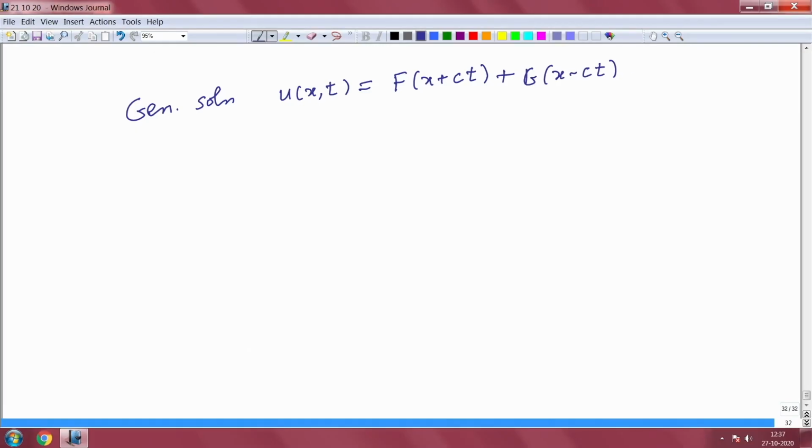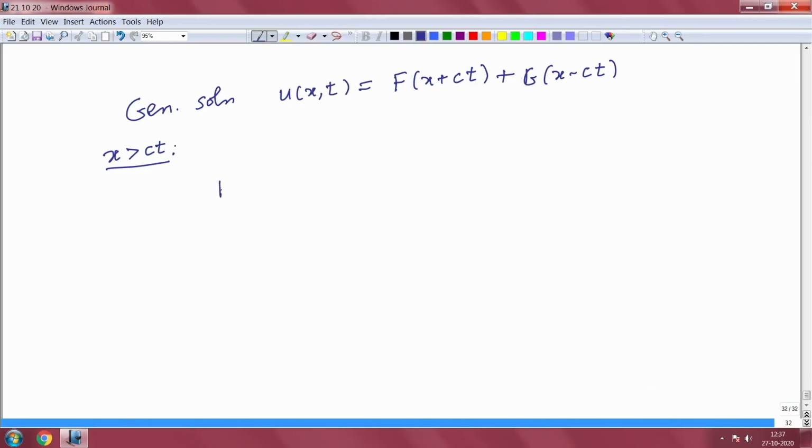So, as we did in the case of D'Alembert's formula, in the region x bigger than c t, we just use the initial conditions.